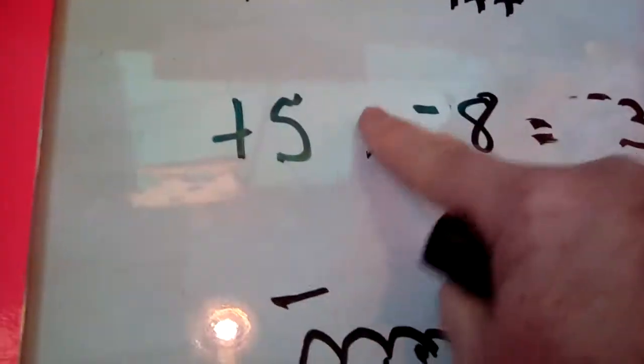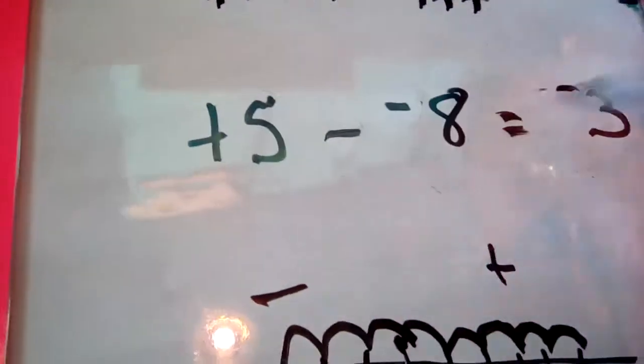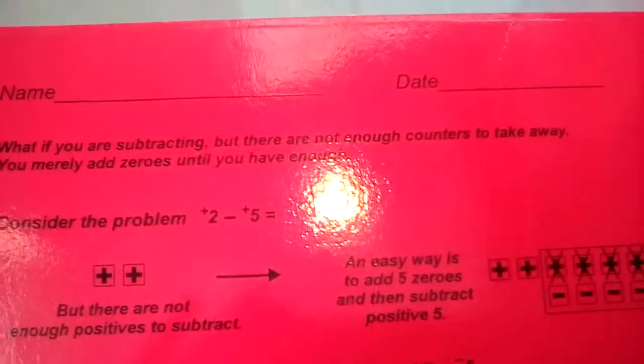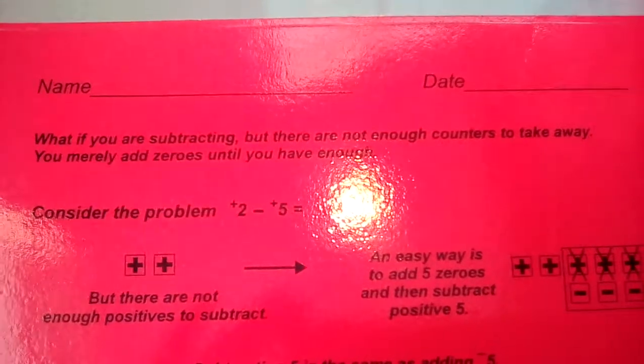However, this time we are going to change our operation to subtracting. Now, subtracting is a little bit different than adding. For subtracting, it says this. What if you are subtracting, but there are not enough counters to take away? You merely add zeros until you have enough.